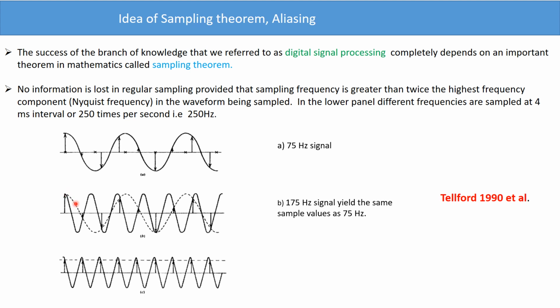The sampling yields the values of 75 Hz, represented by a dotted line. The next frequency is 250 Hz, which yields a completely straight line that can be seen as a DC bias, because that frequency is the same as the sampling frequency. So we can't get any varying sample values; it yields only constant values. This is termed aliasing.